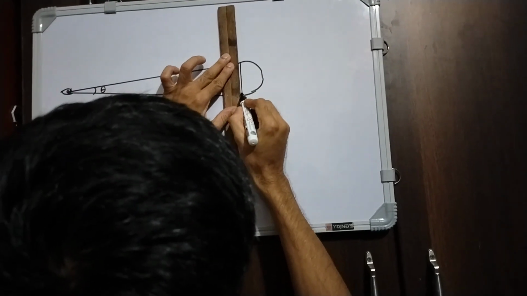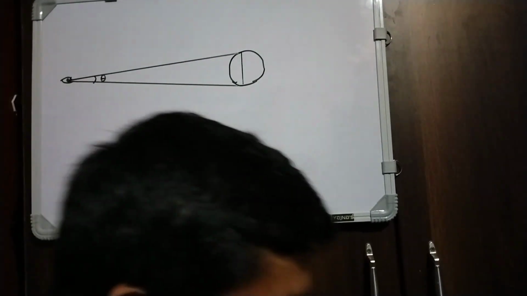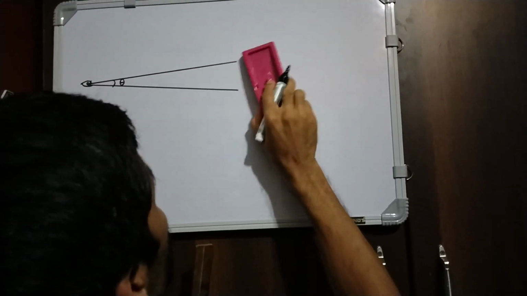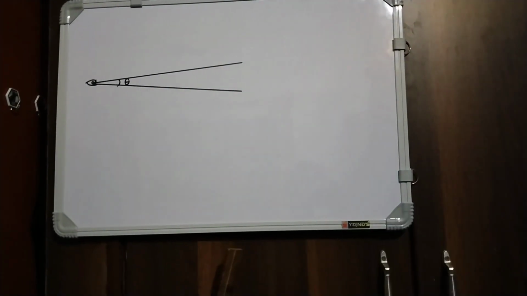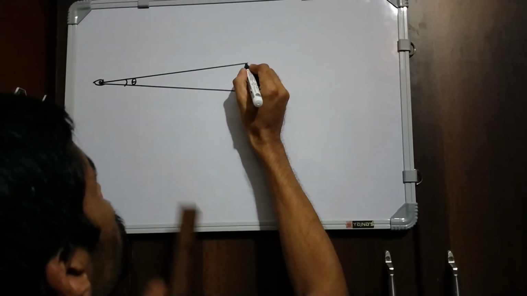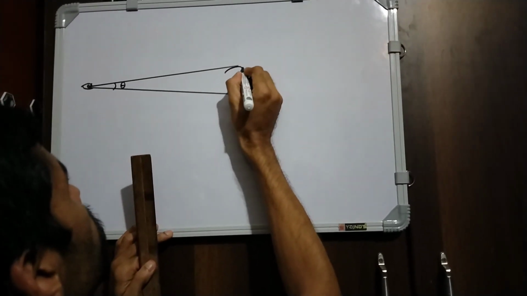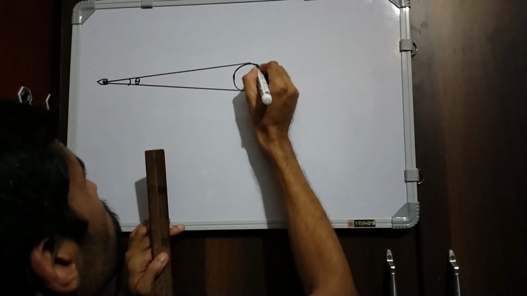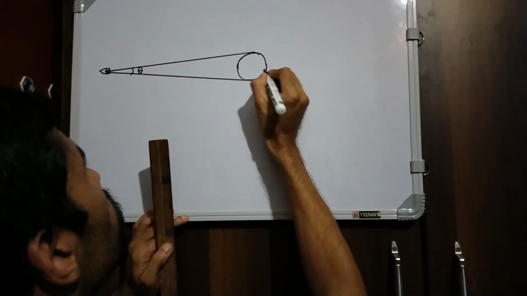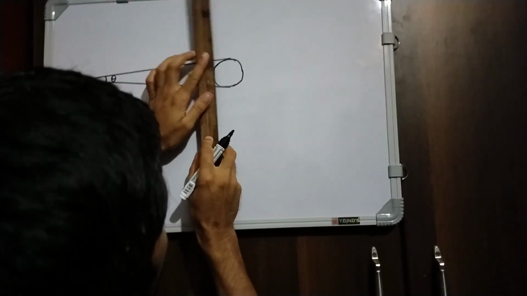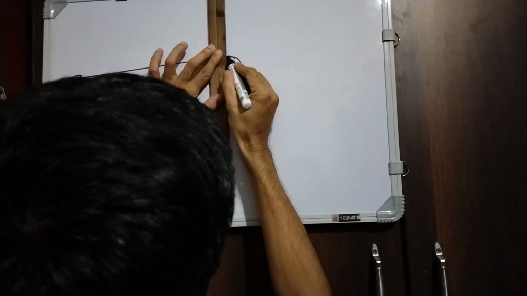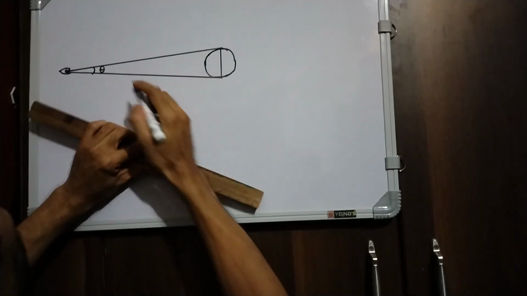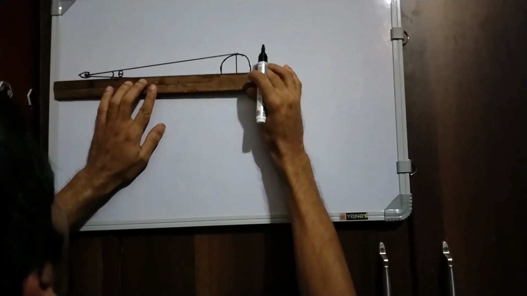Let me draw the diameter of this object. This is the diameter of the object and this is the angle theta.